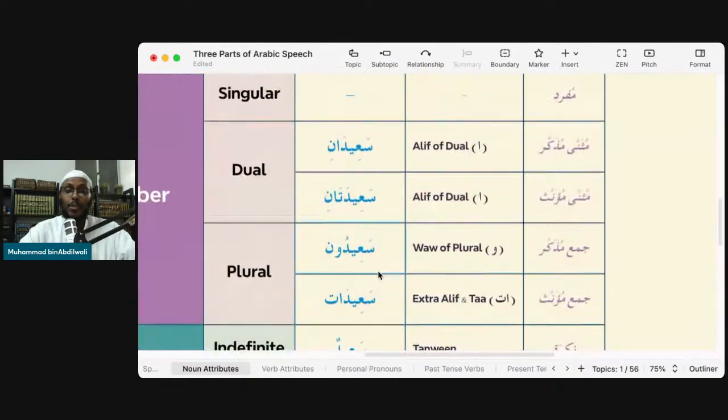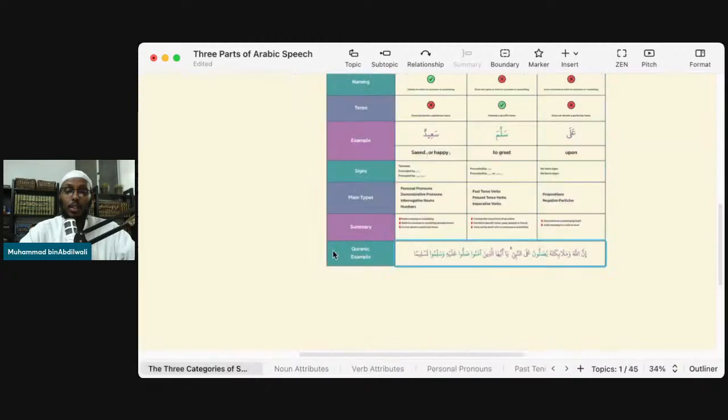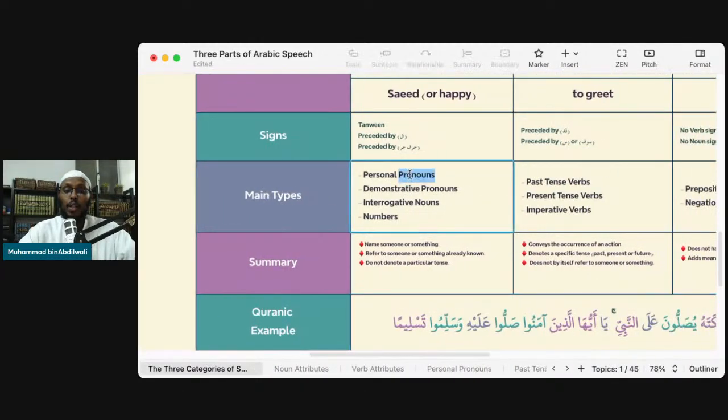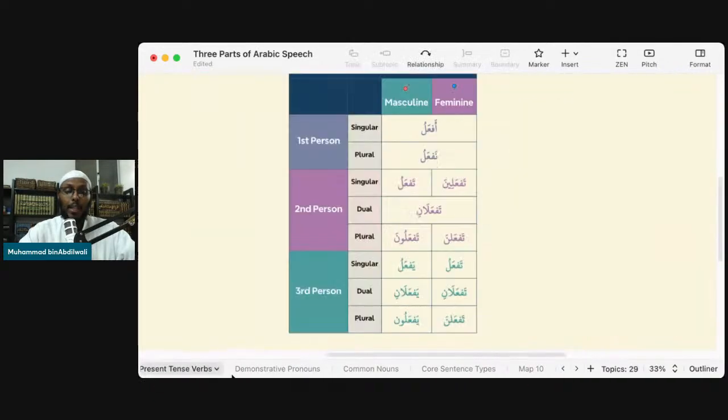Some of the main types. No, I mean the categories, the comparisons. We mentioned personal pronouns. We mentioned demonstrative pronouns, right? Okay. Now, that's basically what a mubtada can be.